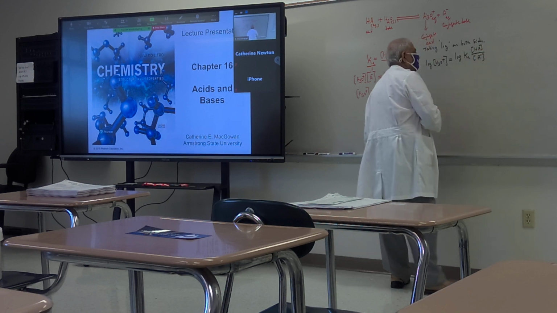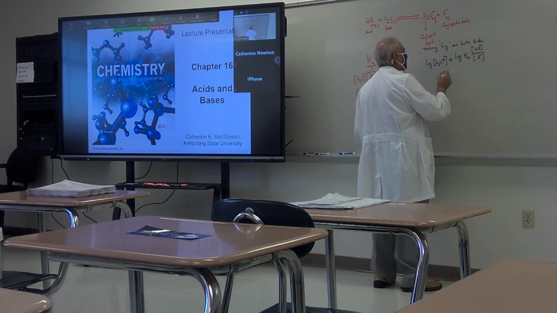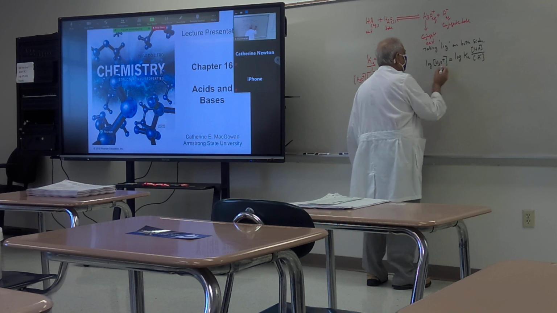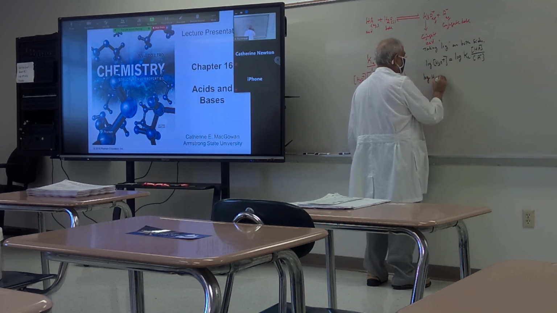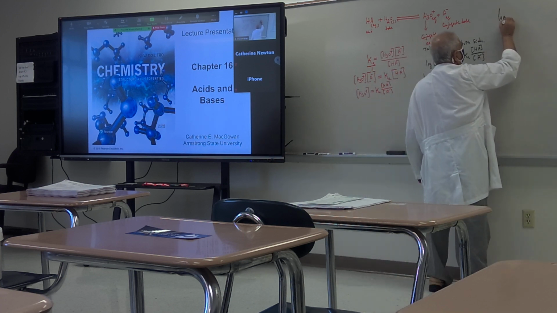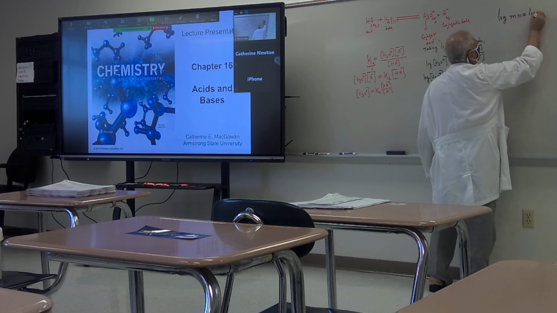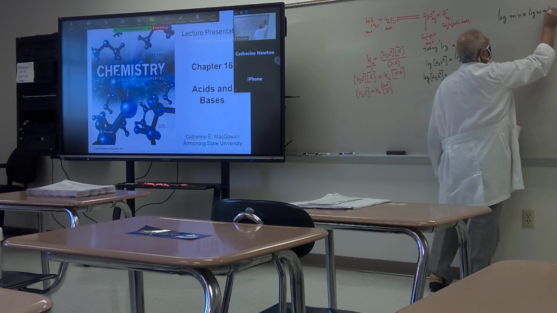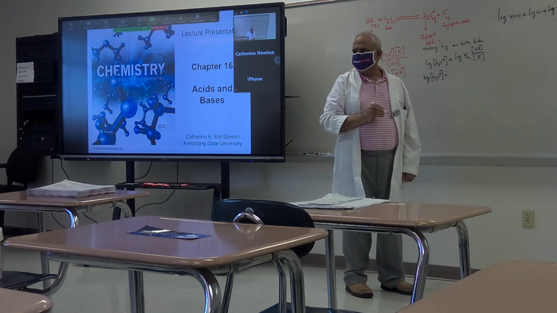A minus, correct? And now what I will do is expand this. Log of hydronium ion concentration equals... you know this formula, log MN equals what? Log M plus log N. Okay, you are familiar with this, right?